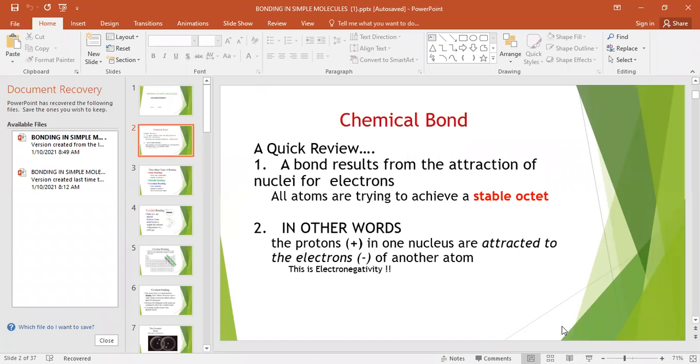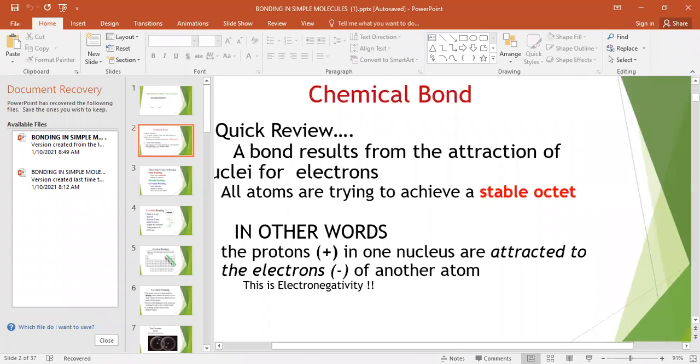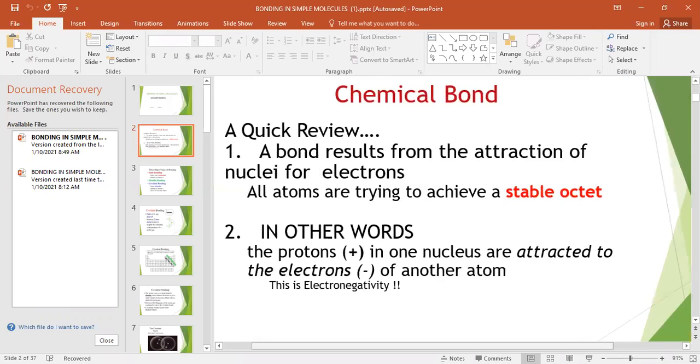Stop now, please. What is a chemical bond? Can read it: a bond results from the attraction of nuclei for electrons. In a very simple way, when one atom combines with another atom, we call it a chemical bond, and we represent it by a line, a dash, like hydrogen.